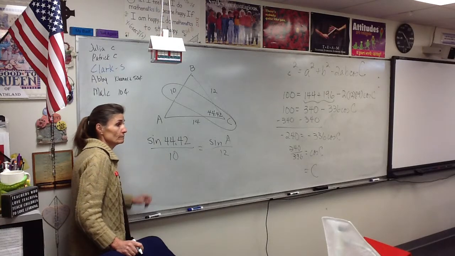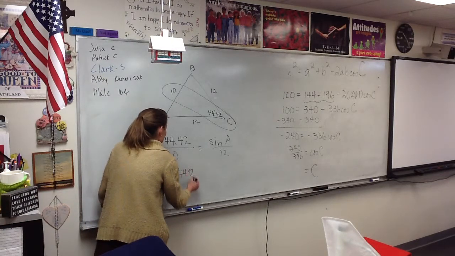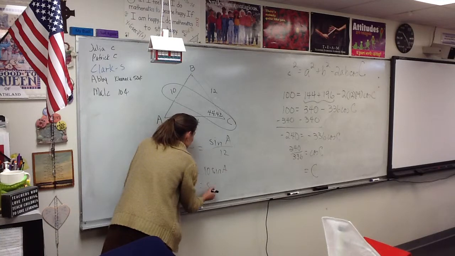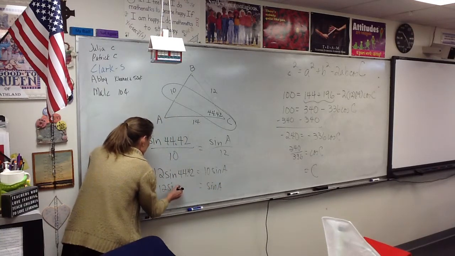What now? 12 sine 44.42 equals 10 sine A. Dividing by 10.